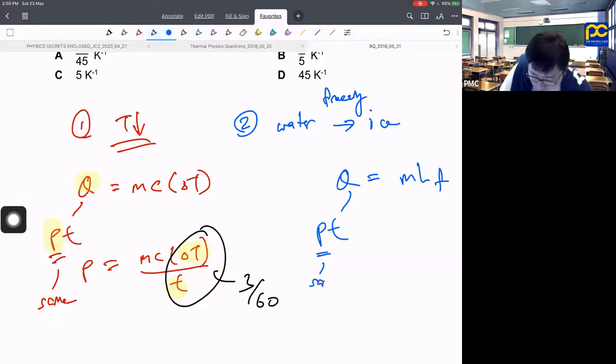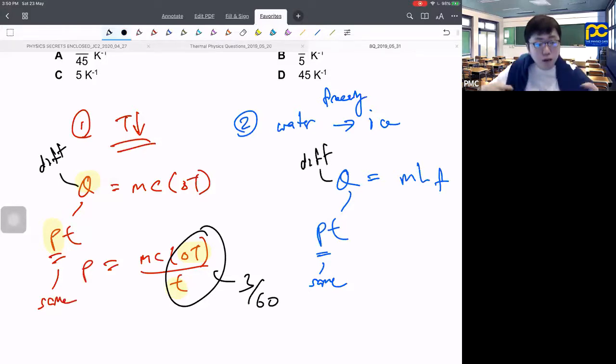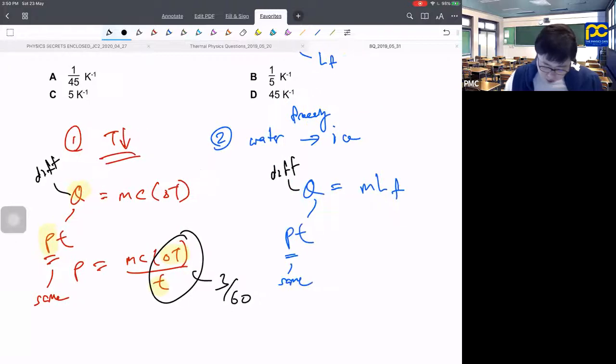This one can be different. How much heat I lose to the surrounding every second is always the same. And with that, you have two equations. Equation 1, equation 2.